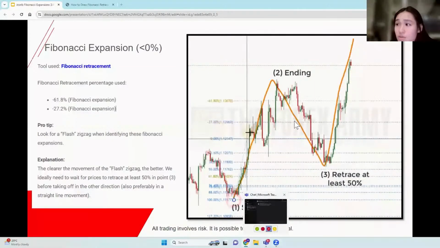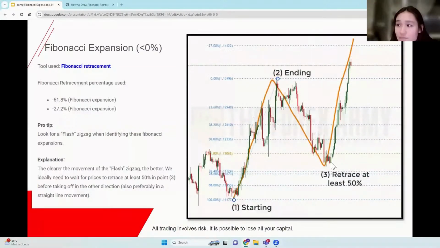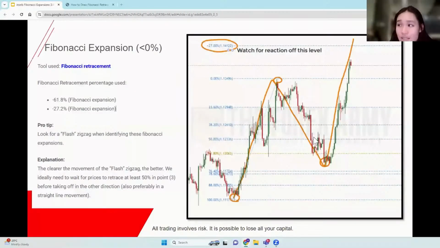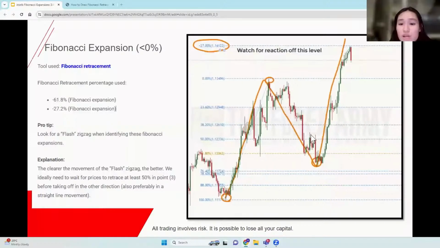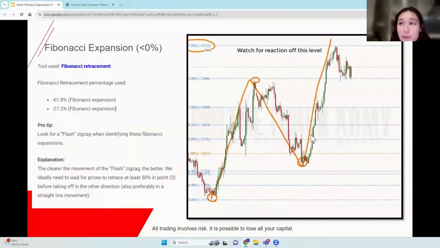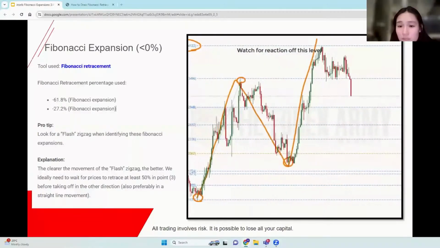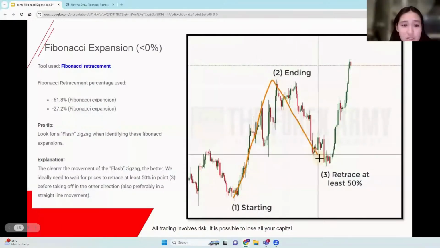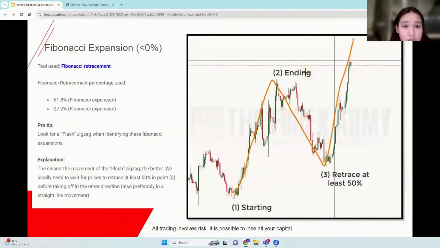But it's important to note that this 0.3 here should be more than 50%, which is over here where my mouse is at. It should surpass that level before you can use this Fibonacci expansion technique. Maybe I'll just pause here and let you guys watch the GIF a couple of times.